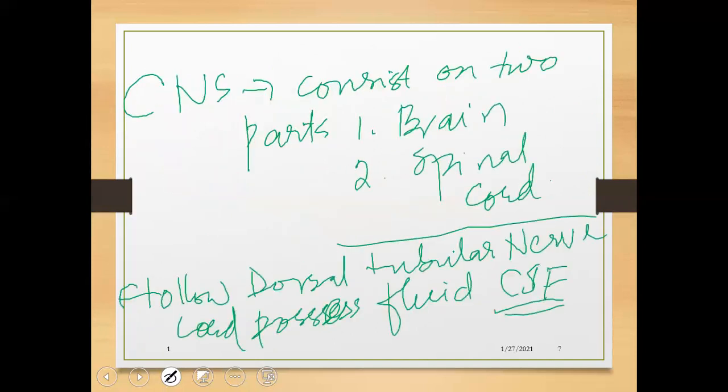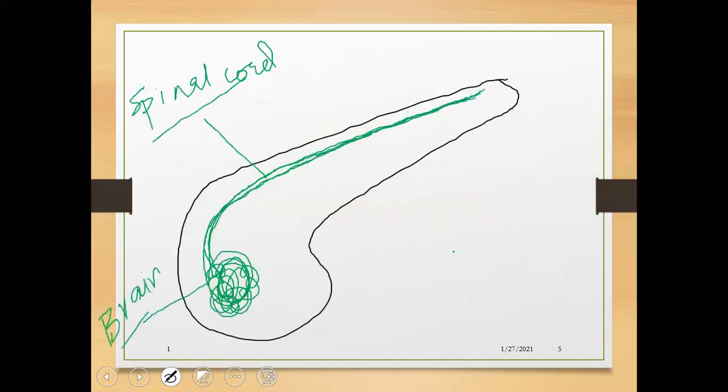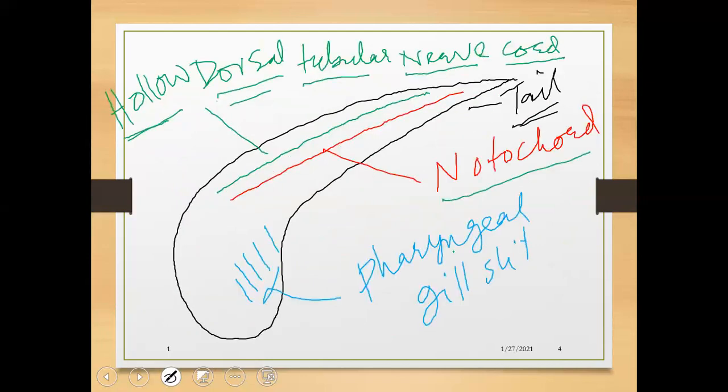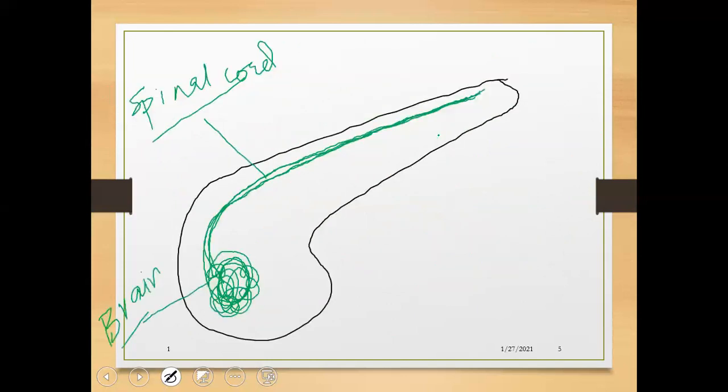First we discussed the spinal cord, and below the spinal cord there is the notochord, as you can see here. Now this notochord changes into the vertebral column that covers the spinal cord in this way.